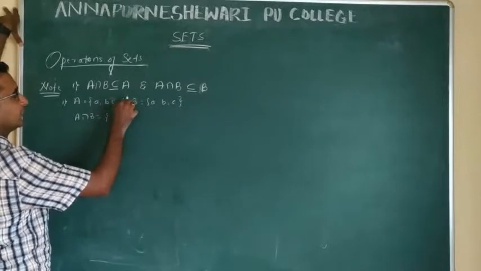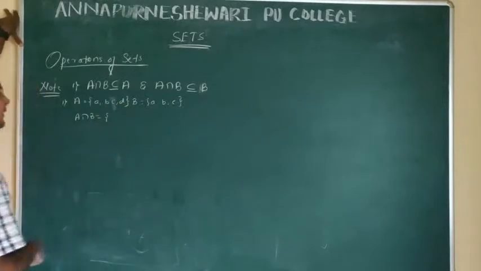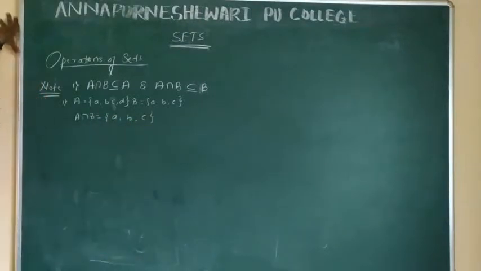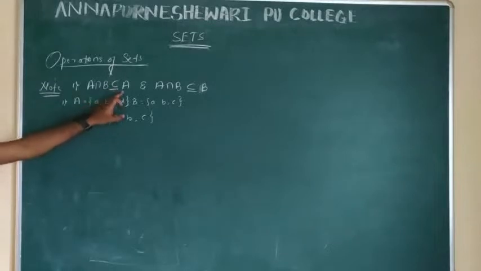Okay, so here A intersection B is what? The subset of A. Is it?